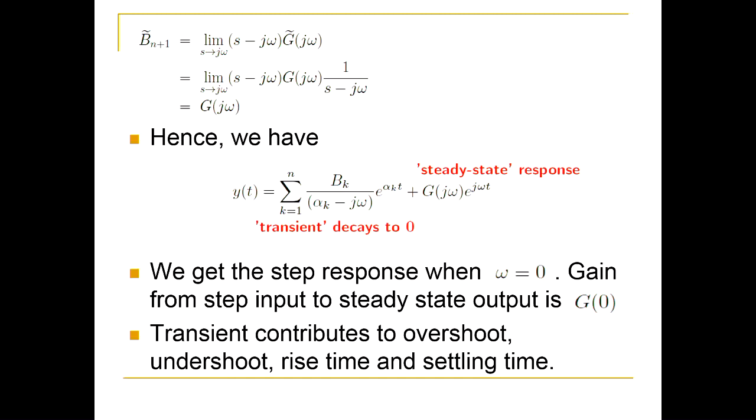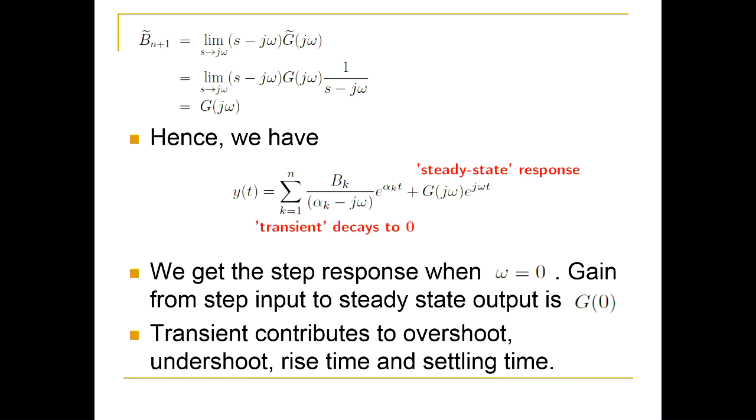Now note what is interesting here: because we assumed a stable plant, all alpha k's will have strictly negative real parts, because we have stability of the transfer function of the plant. So all of these would converge to 0 as time goes to infinity, because alpha k's have strictly negative real parts. The plant is stable. So all of these exponential terms would converge to 0.